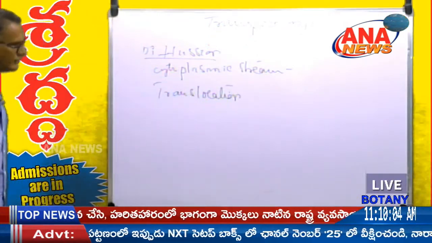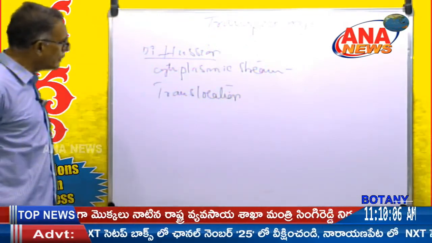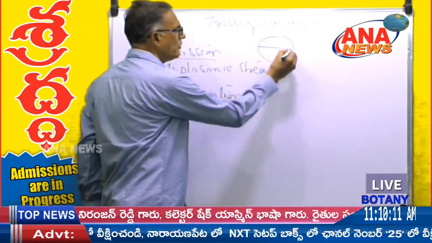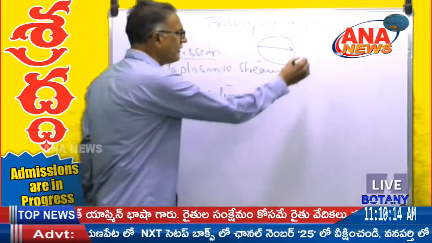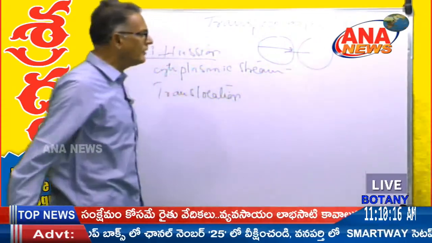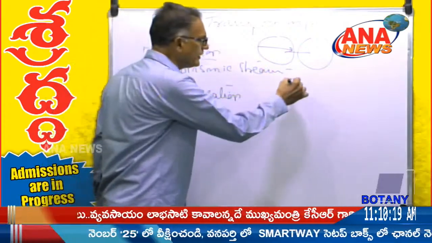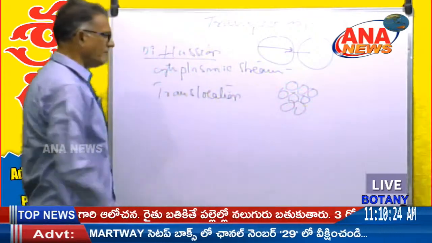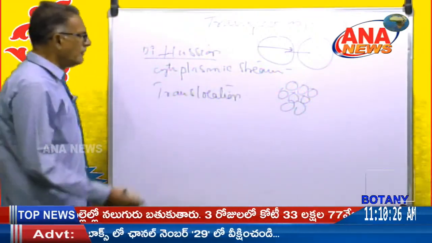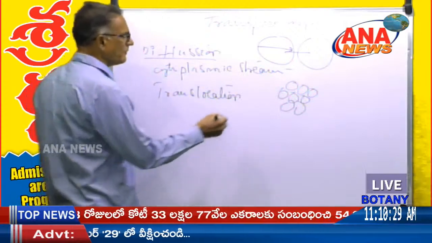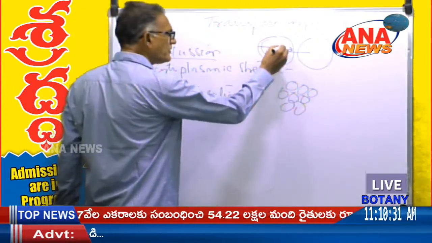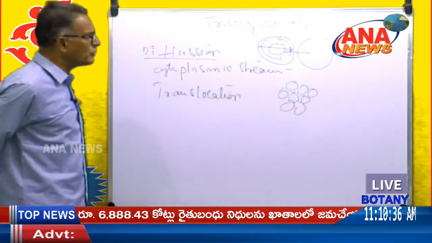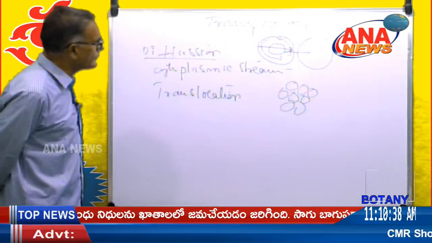So the movement of substances over short distance, within the cell from one end to another, or between the cells within the tissue, takes place by diffusion. It also takes place by cytoplasmic streaming, where the cytoplasm rotates around the vacuole. That cytoplasmic streaming also helps short distance transport.